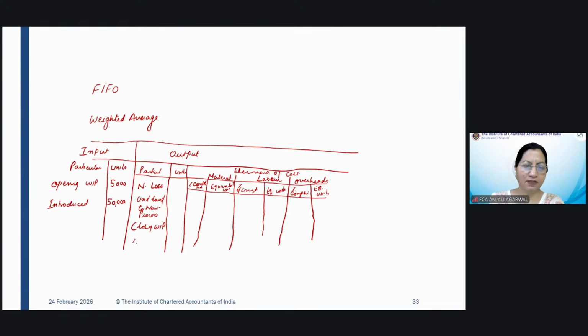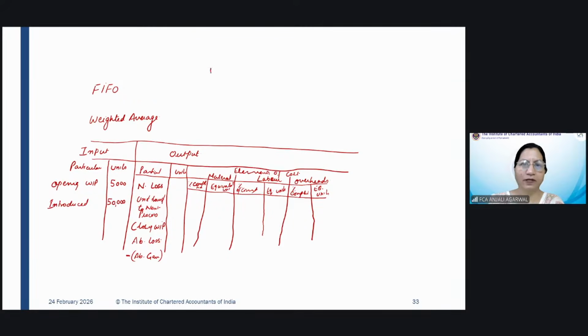If it is less, then there will be abnormal loss. If the units turn out to be more, then you will subtract in this column only abnormal gain. You will not have debit and credit. It is a statement of equivalent units. So if there is abnormal loss, it will come here only. But if it is abnormal gain, you will have to subtract it.